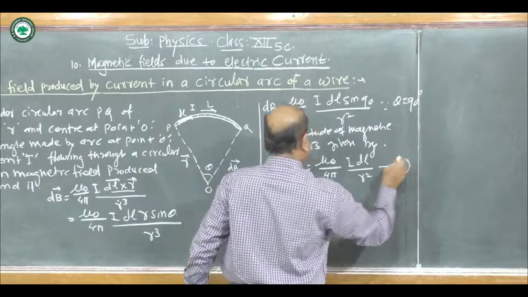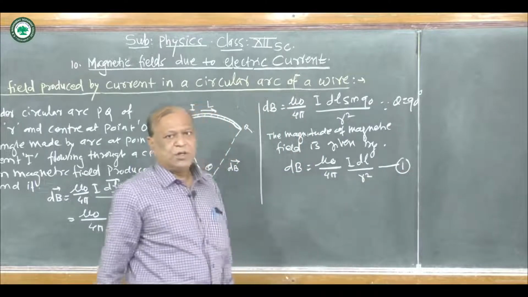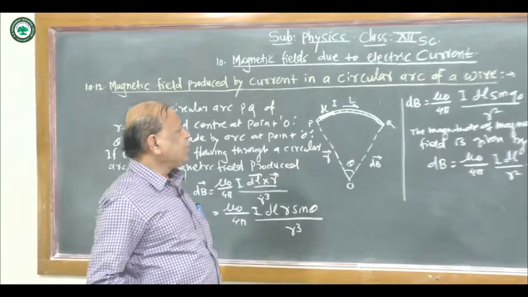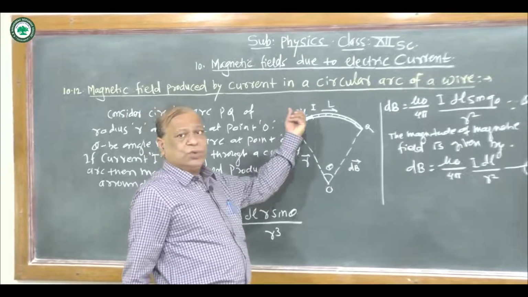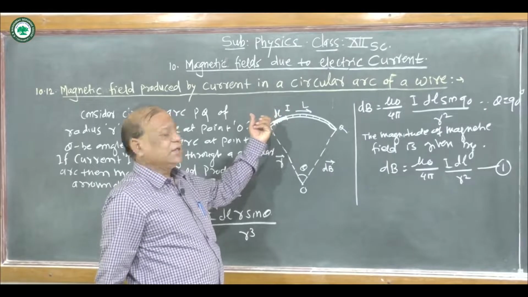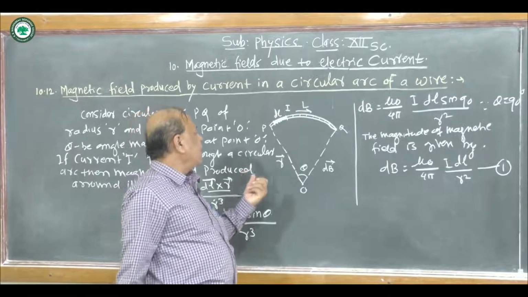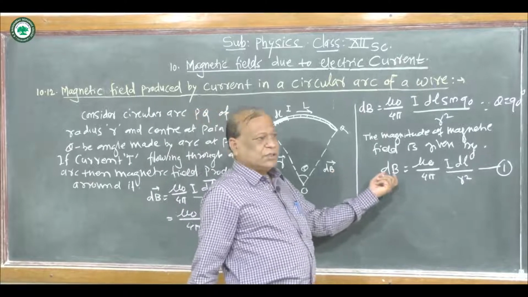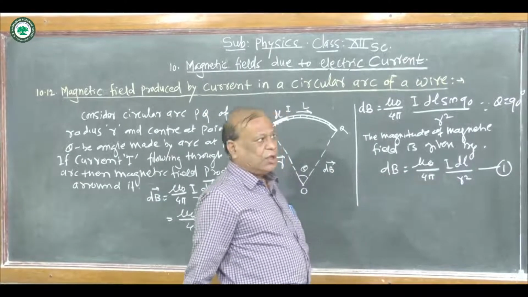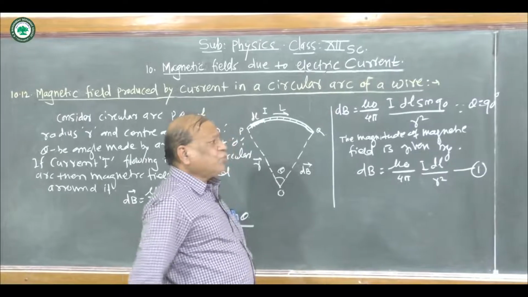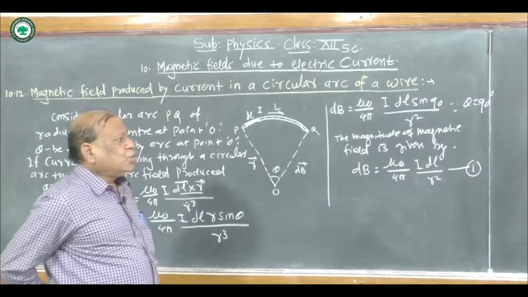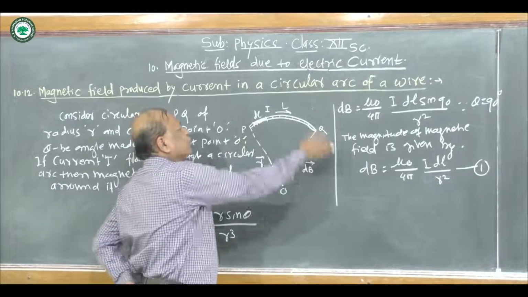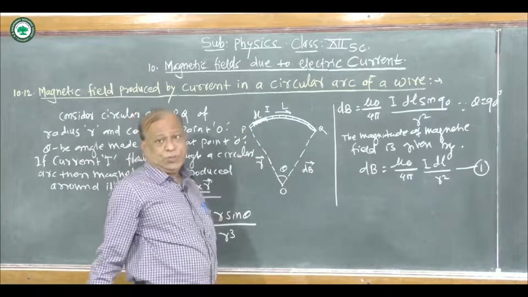This is equation number 1. This magnetic field dB is produced due to the small current element I dl at a distance r. Now we have to find the total magnetic field produced by this circular arc PQ.